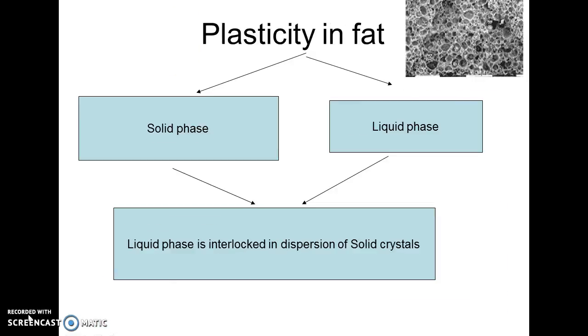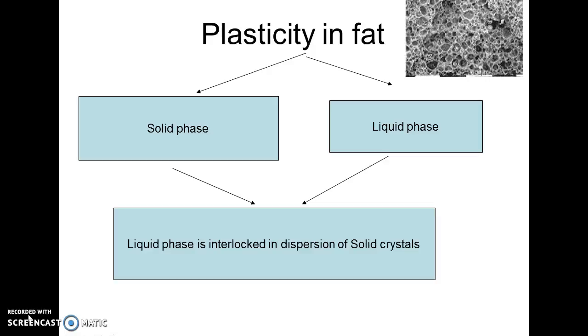Today our talk will mainly be concentrated on how these naturally available plant and animal fats can be processed to a plastic fat. That is, mainly we will elaborate on the way to plasticity.